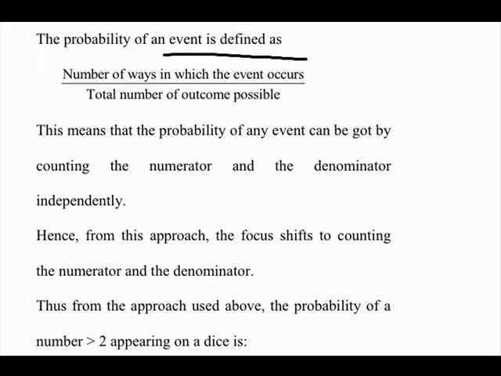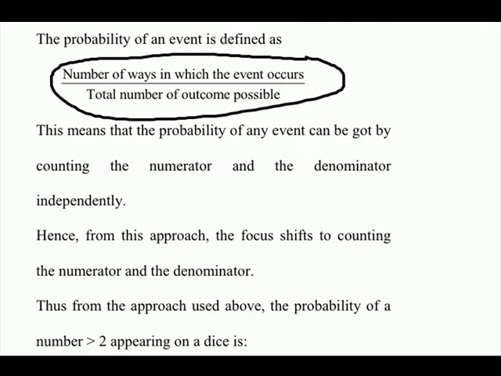So this is the core of understanding in a simple way what probability is. This definition ignores the sample space, the n in brackets e, and all those convoluted and complex looking symbols. It's simply the number of ways in which the event that you want to find the probability of occurs divided by the total number of outcomes possible.